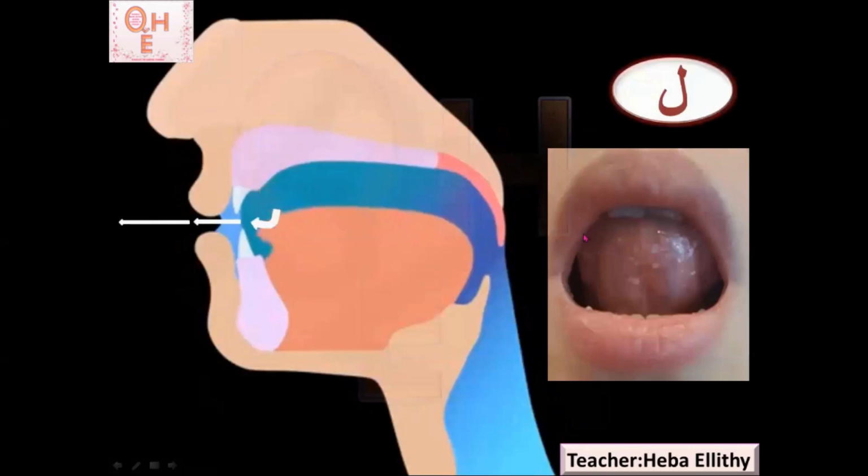What do I mean by that? If you look for letter lam here, it comes from the nearest part of the sides of the tongue and the end of its tip and what lies opposite to it of the gum of the upper 8 teeth.